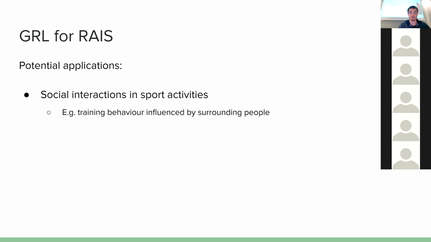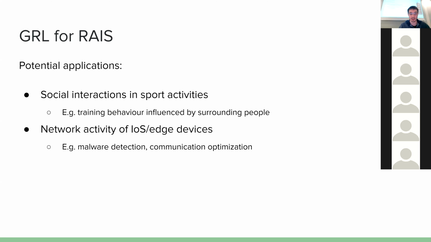Or from a perspective more from the side of Internet of Sport devices, we can check the network activity of these devices as a graph, and we can try to detect potential malware or identify opportunities for optimizing the communication between these devices by analyzing the graph of their communications.